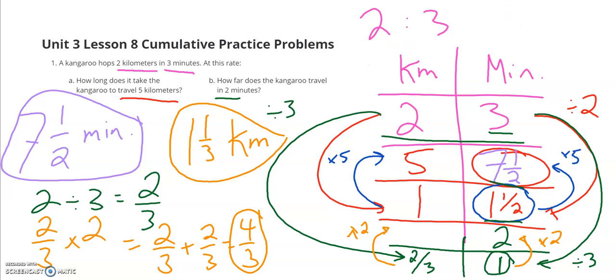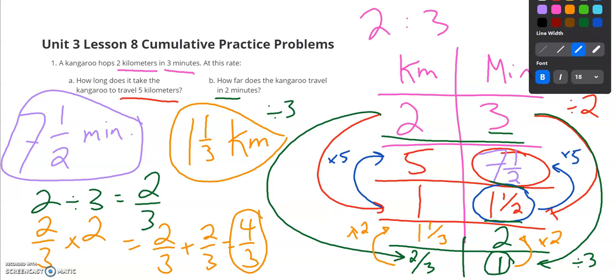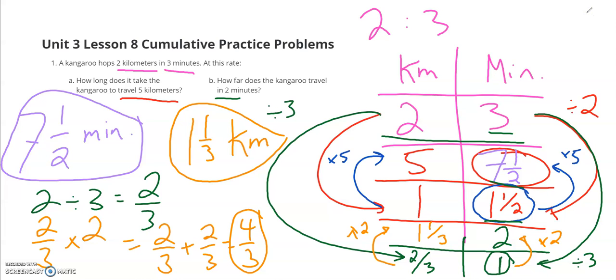So in order to figure out this problem, we needed to find 2 different unit rates. Oops, yeah, 1 1/3 goes here. We needed to find 2 unit rates. We found this unit rate, which tells us that the kangaroo takes 1.5 minutes per 1 kilometer.